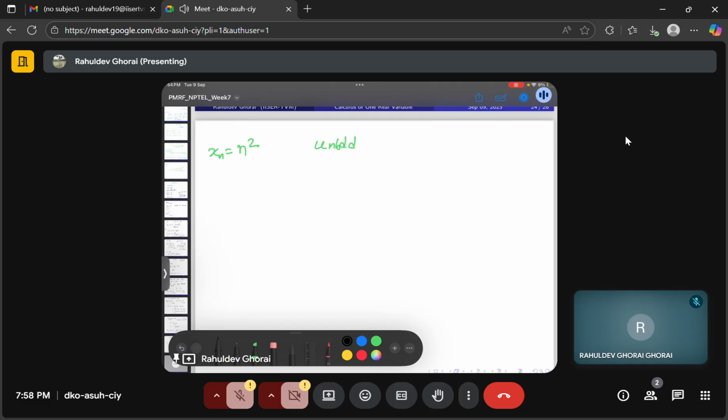And if you have a sequence, then you add, that will also be a sequence, and if both are convergent, then this thing will also converge. The addition also will converge.